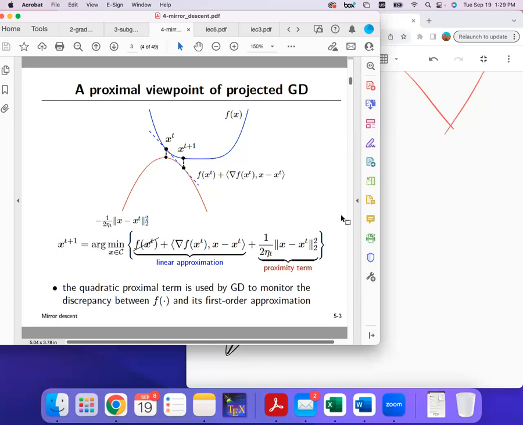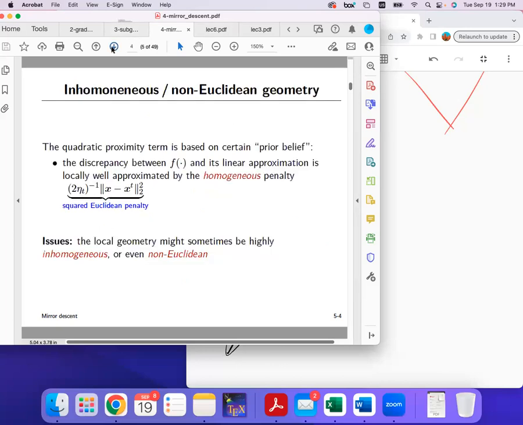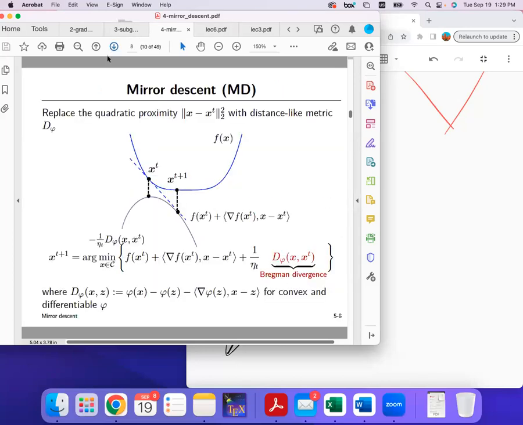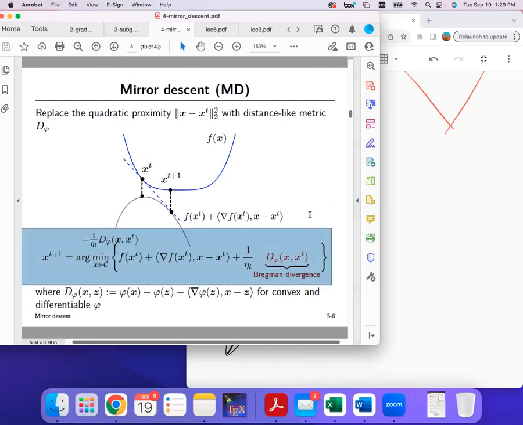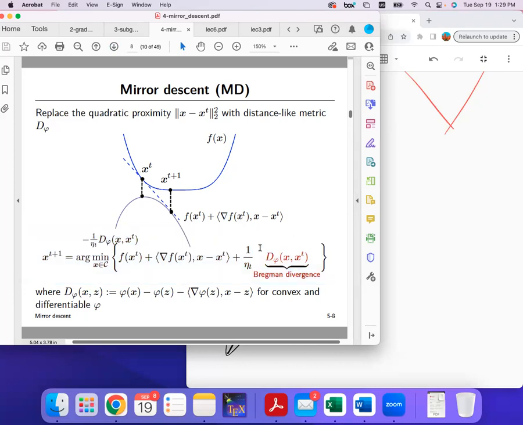Now what we will do in mirror descent is simply change this distance to a general distance metric. And this is the mirror descent update. You can see the only thing that changes is the last distance.